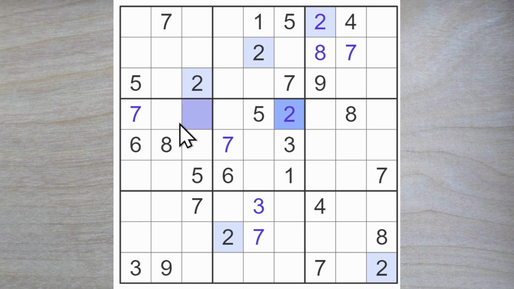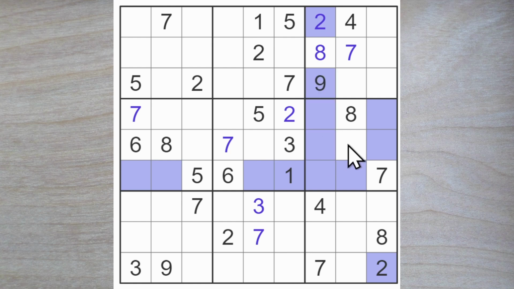This 2 blocks over here, this 2 blocks down, therefore one of these is going to be a 2 blocking this way. We have this 2 blocking here, we have this 2 blocking here. So a 2 must go here.